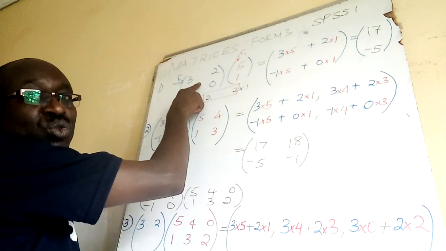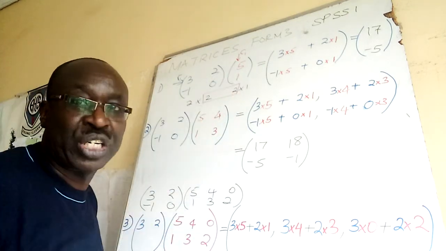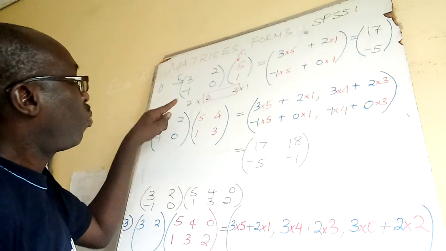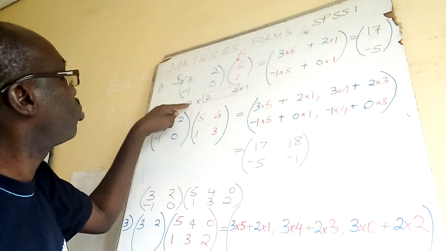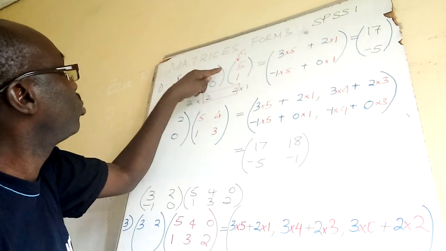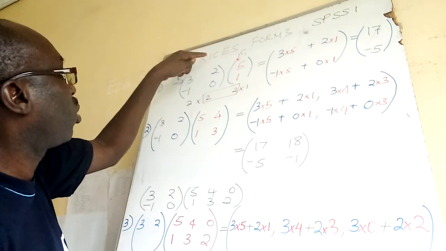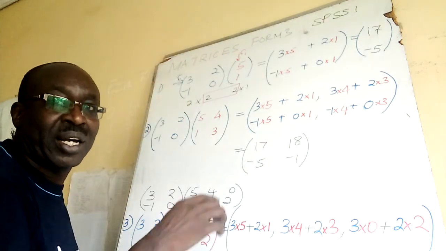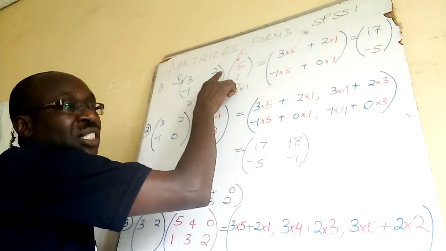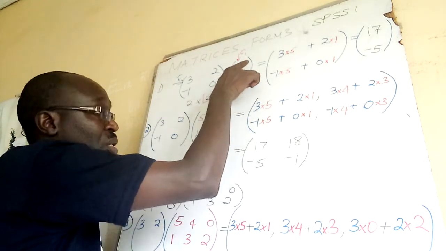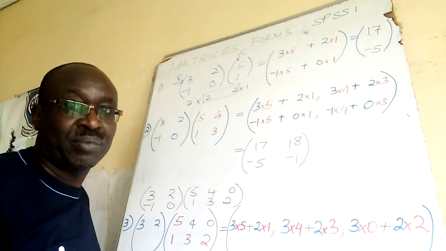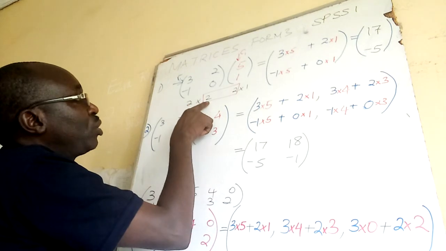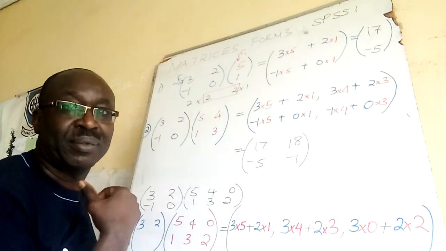I have matrix 1, I'm multiplying by matrix 2. What is the order? 2 by 2, 2 rows, 2 columns. And the other matrix is 2 rows but 1 column. I've written them here, 2 by 2 and then 2 by 1.